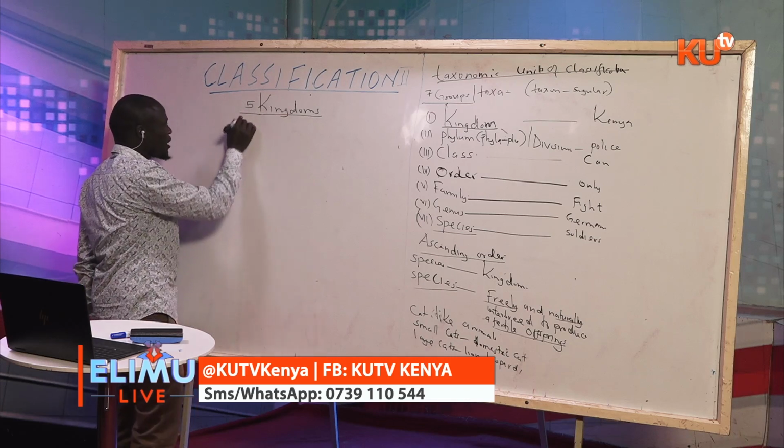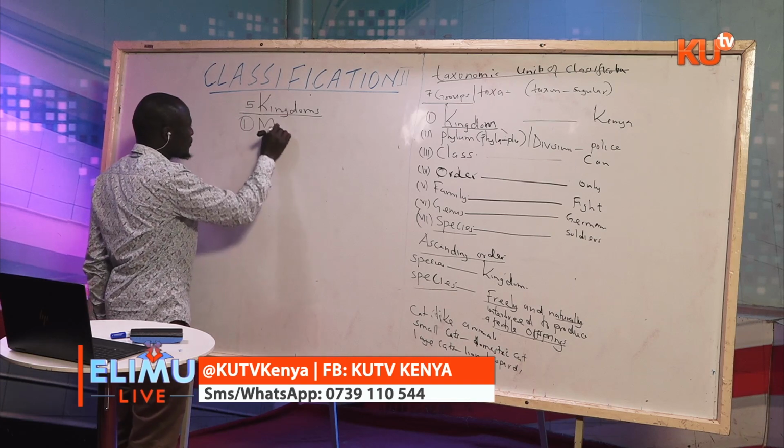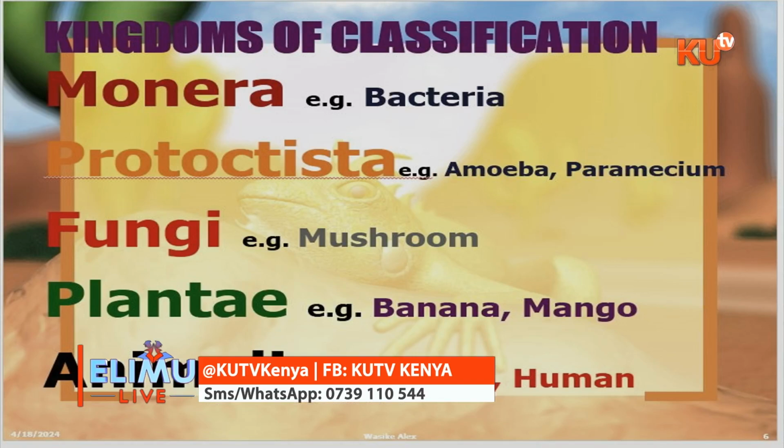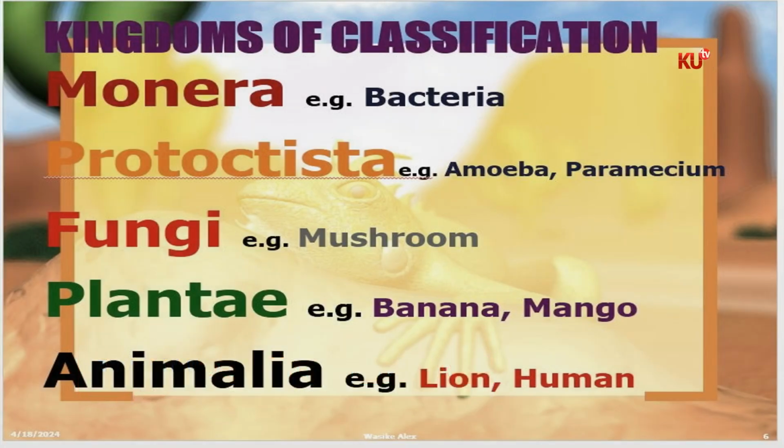And the first kingdom of classification is Kingdom Monera. Let me just list them first. We have the Kingdom Monera. The next kingdom of classification is Kingdom Protoctista. The next kingdom of classification is Kingdom Fungi. Remember, the initial letters must be capital.